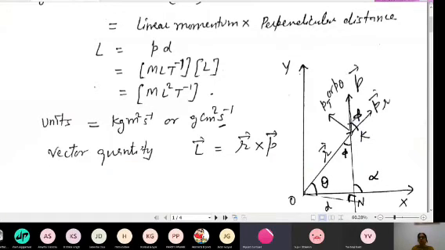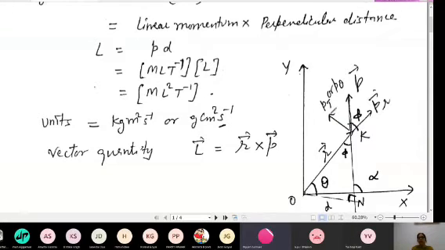See, this angle is phi. If I resolve p into components, pr is taken as the radial component, which acts along the position vector direction, and p theta is taken as the transverse component.